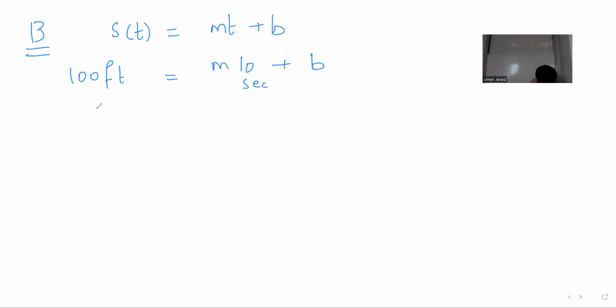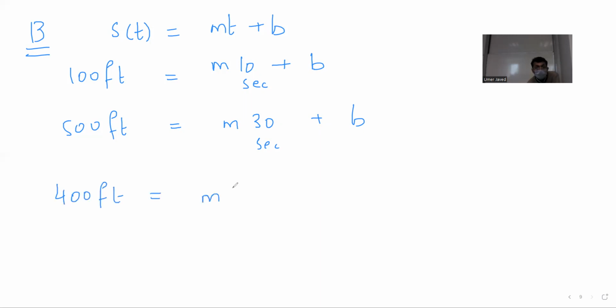Then you have 500 feet equal to m multiplied by 30 seconds plus b. Then you subtract and you have 400 feet equal to m multiplied by 20 seconds plus 0, and m comes out to be, I think you were correct, 20 feet per second.